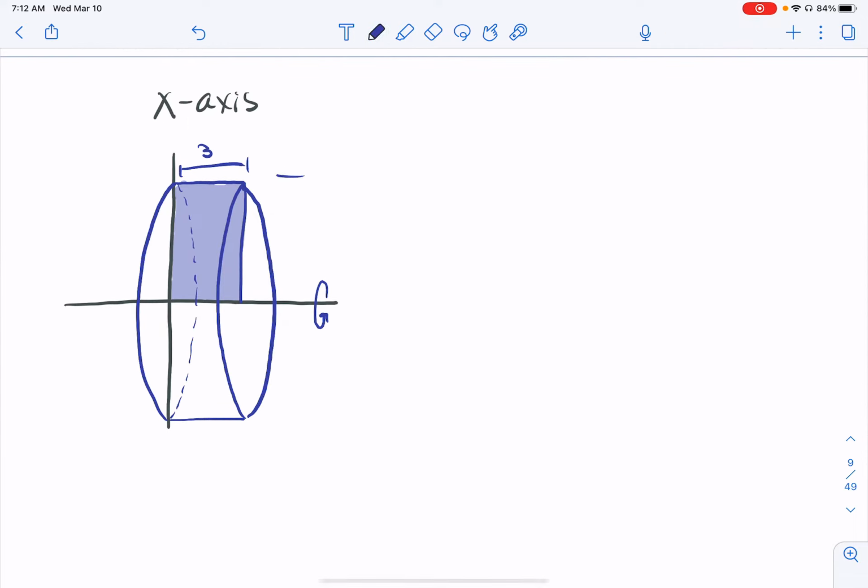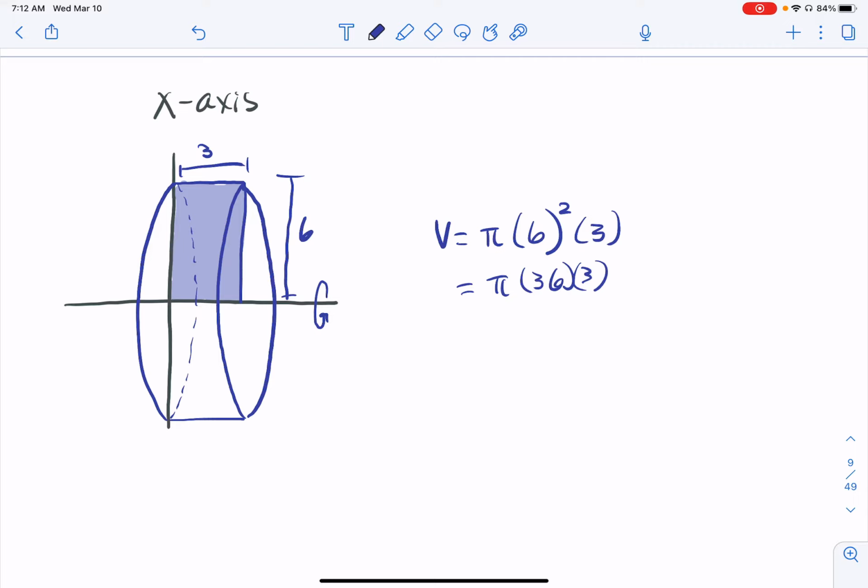So the radius is 6. Okay. So its volume calculation should simply be pi times my radius. My radius was 3, which no, it isn't. It's 6, which I will square and multiply by 3. So 36 times 3.